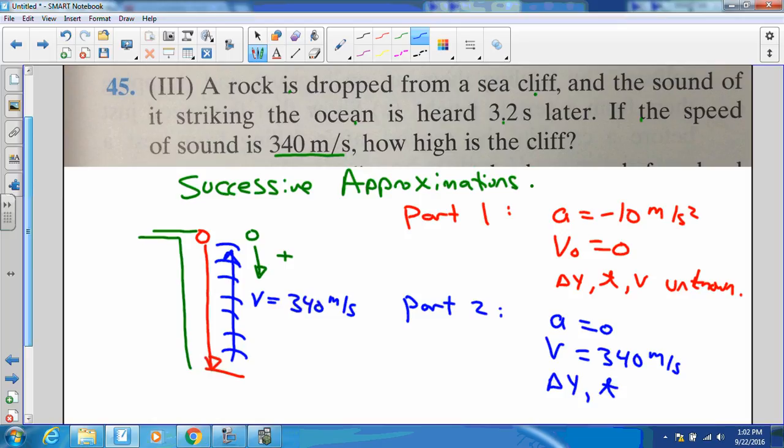The delta y and the time are also unknown, but the delta y here is equal but opposite to the delta y there. This is the key insight. Delta y here is going to be positive. Delta y here is going to be negative. So this is the opposite delta y as the thing goes back up.